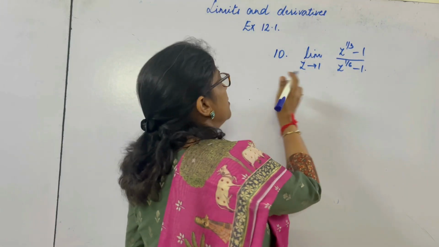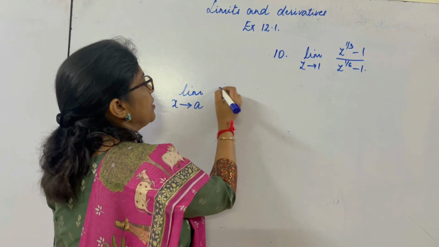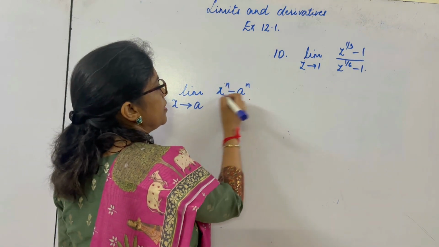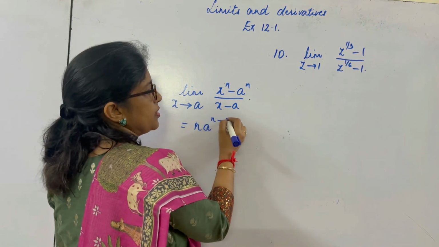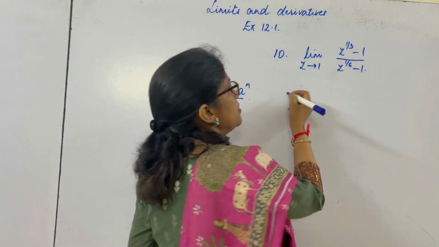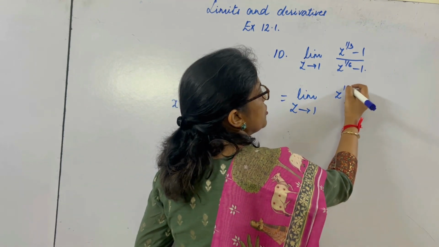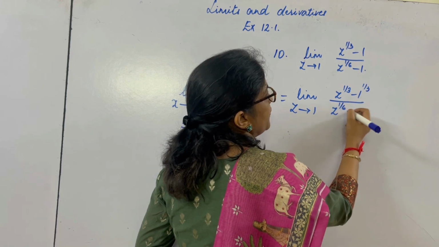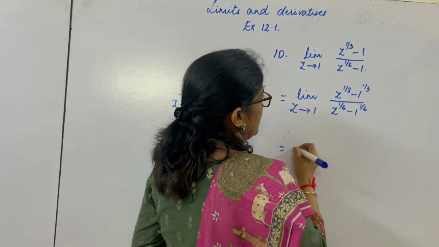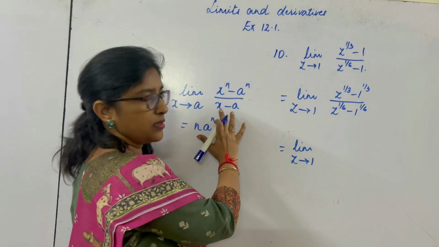So, this is again a question of the kind, if you see limit x tends to a, x raised to n minus a raised to n upon x minus a, which is n a raised to n minus 1, because 1 can be written as z raised to 1/3 minus, okay, to get this.